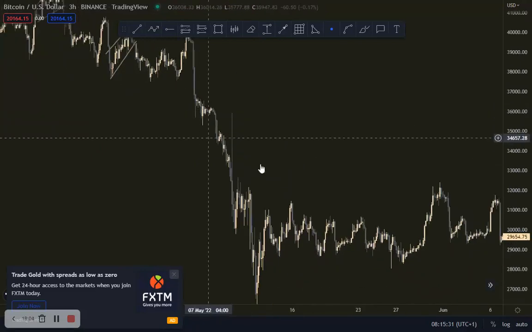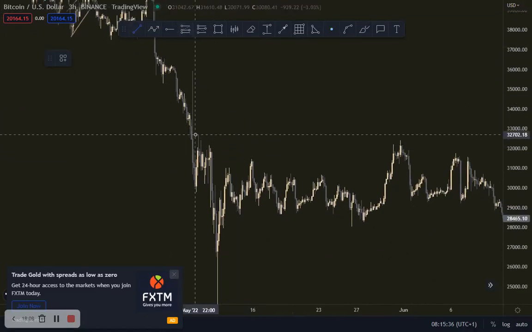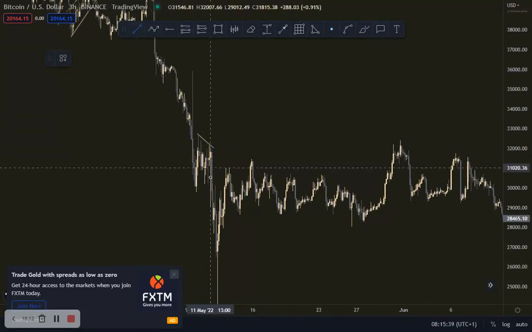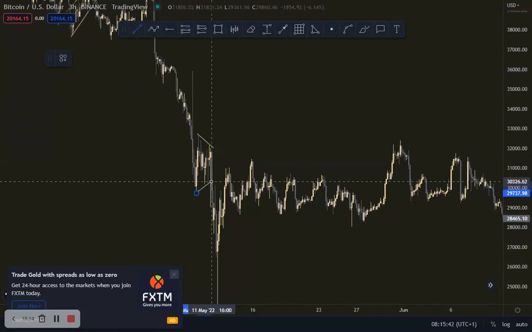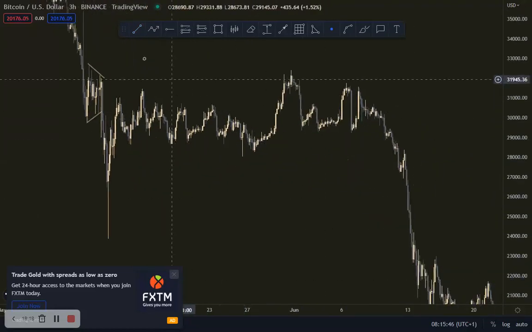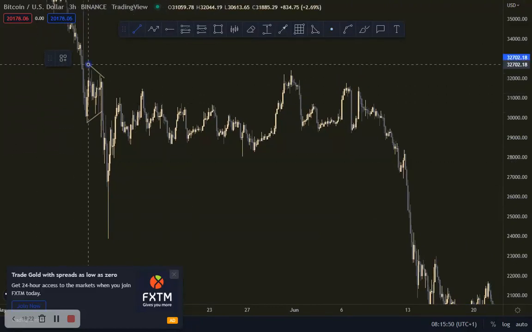We had a triangle pattern here. So guys, you need to trade these patterns with the trend. You know what they say, the trend is your friend. You need to trade these patterns with the trend.